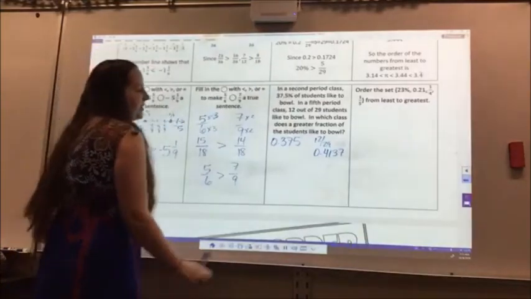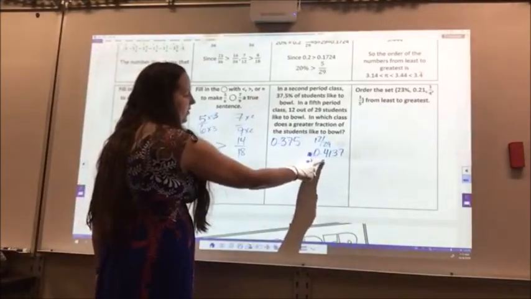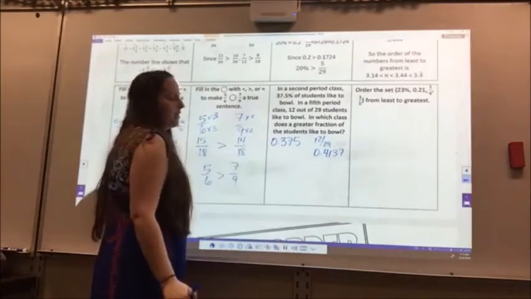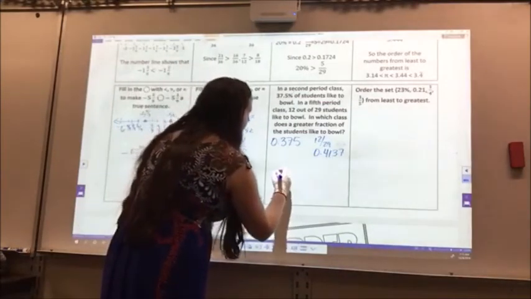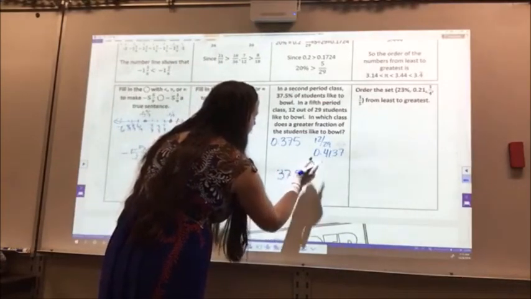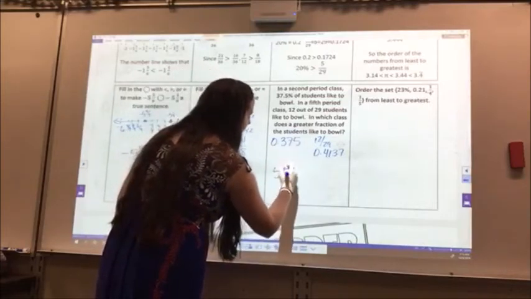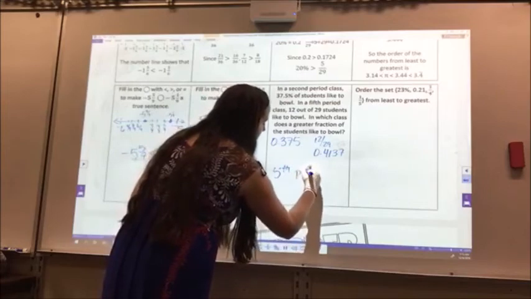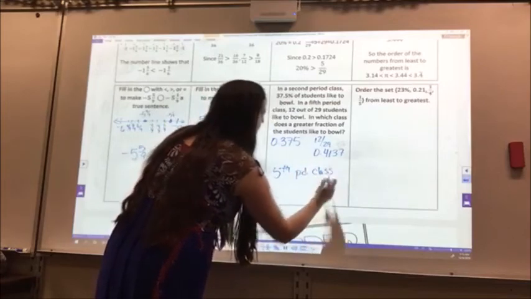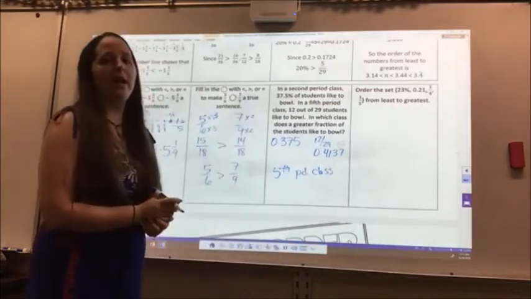Okay. So I can see that 0.4137 is bigger than 0.375. That means 37.5% is smaller than 12/29. So more students like to bowl in the fifth period class.